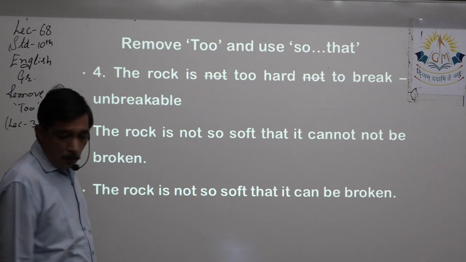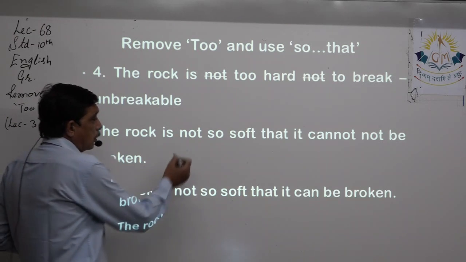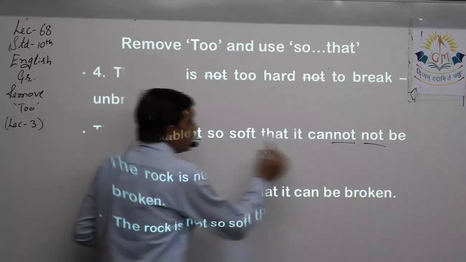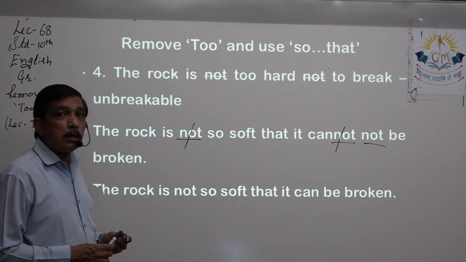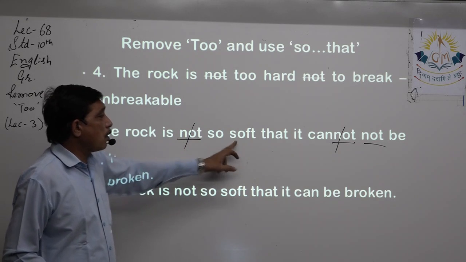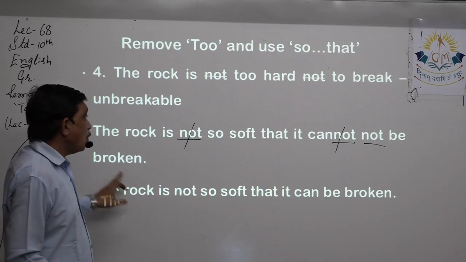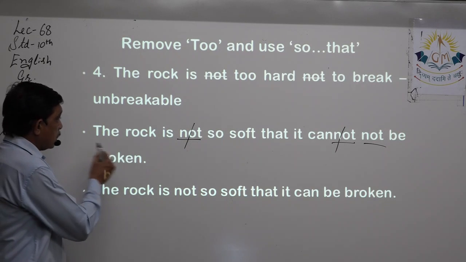not be broken. Now we see over here that there are three negations used. These two negations, if removed, and also there is one negation which makes the sentence intact. The rock is so soft that it cannot be broken. Now I have a problem over here because this cannot be true.